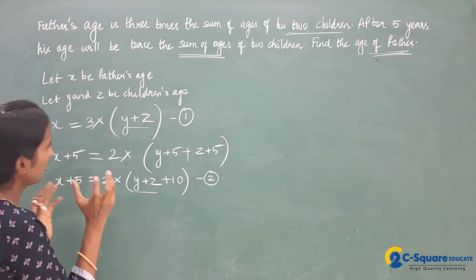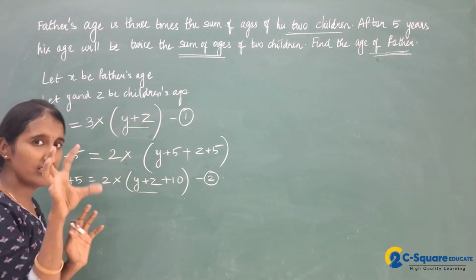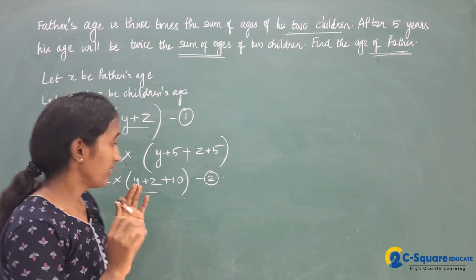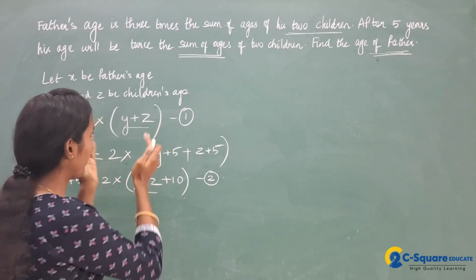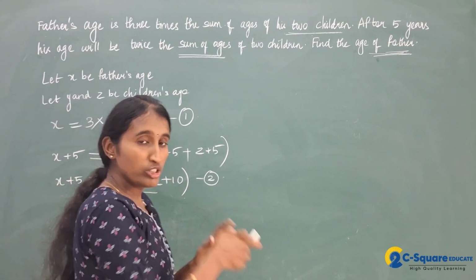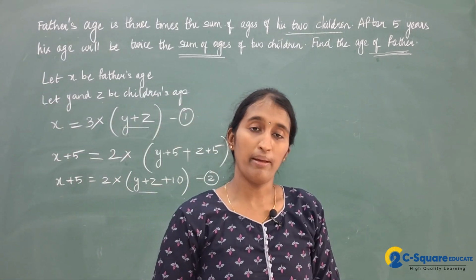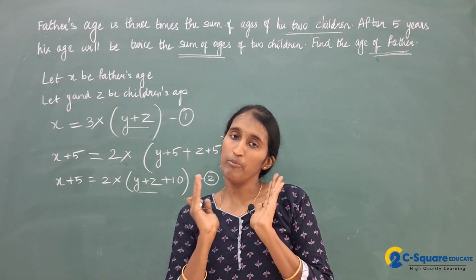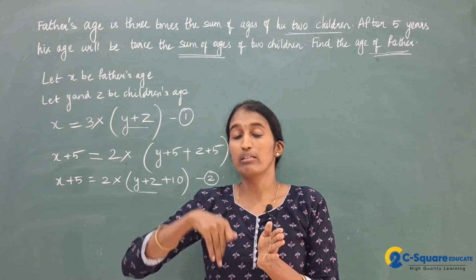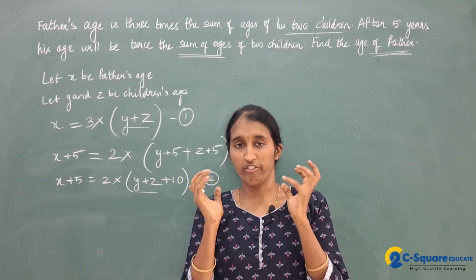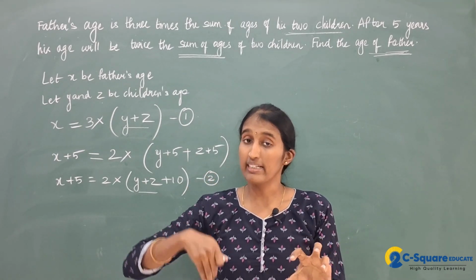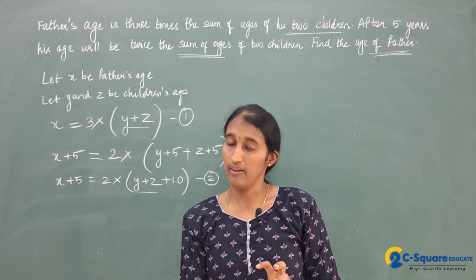So let's assume Y plus Z as a single variable. I'm going to use the substitution method here. What is the first step in the substitution method? We need to frame one variable in terms of another variable.